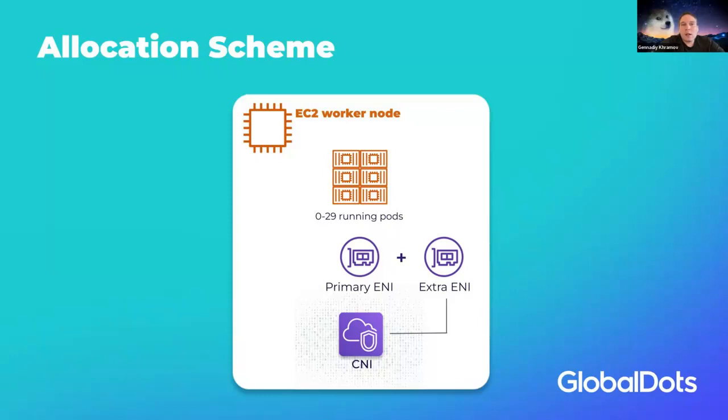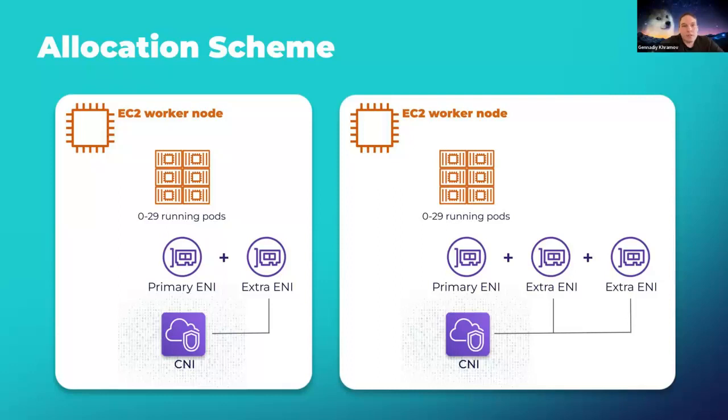And if the number of currently running pods is between 30 and 58, IPAMD will allocate two more ENIs. So it's like one extra ENI in reserve. And depending on workload, it will add new ENIs until reaching the instance limit.